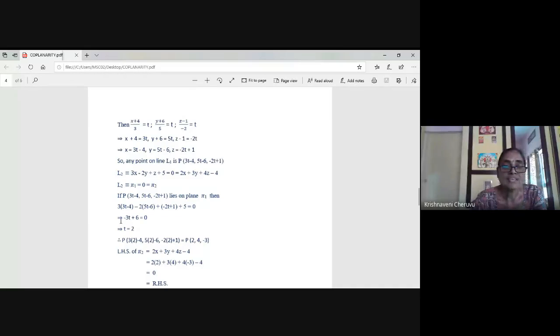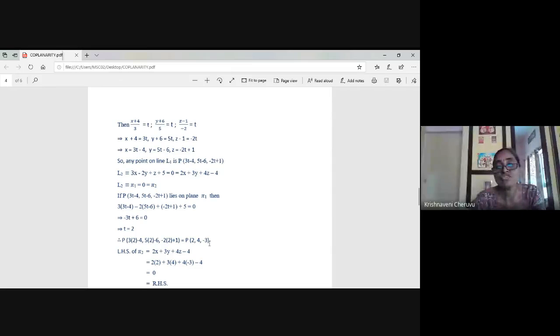So I substituted for x 3t minus 4, y 5t minus 6, z minus 2t plus 1, plus 5 is equal to 0, from which I got the t value as 2. From this t value, I'm going to find the point P on the line. So point P is now found out. That point P is (2, 4, 3). This is a point on line L1.